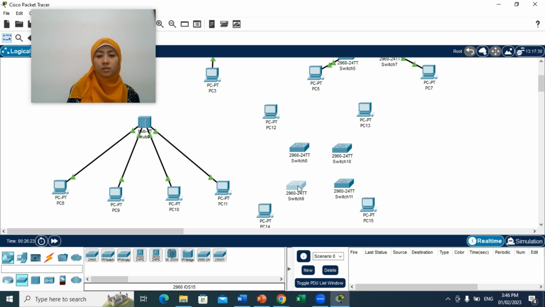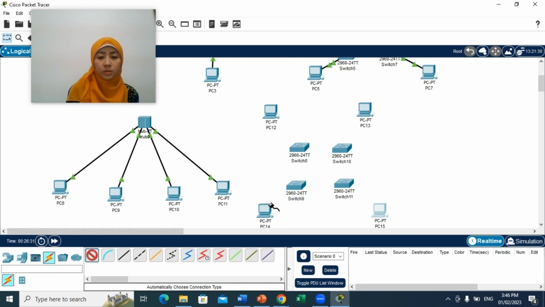As you can see, it's similar to ring topology, but the difference is, I will show you how. So let's connect it first.